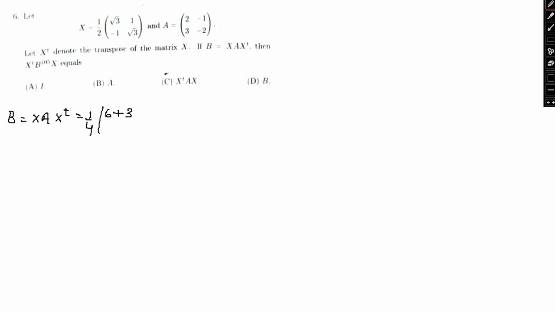plus 3 minus 2, 2 root 3 plus 1 minus 2 root 3, minus 2 root 3 minus 3, minus 3 minus 2, 2 minus 3 root 3, minus 6.